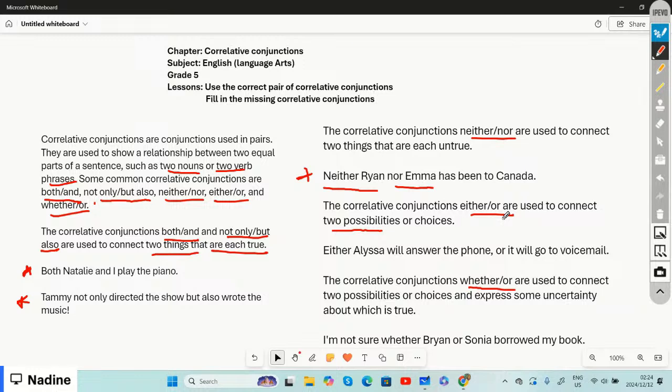When it comes to correlative conjunctions, one of the words that we can also use is whether or. It's like saying either or. It's used to connect two possibilities or choices and express some uncertainty.